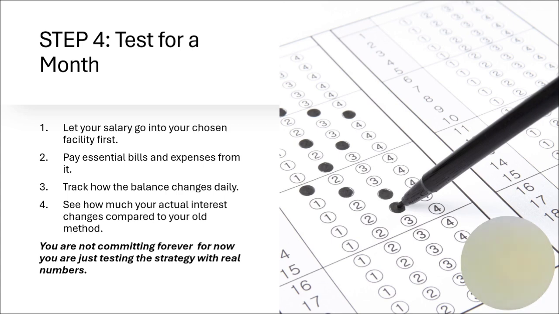At this point in time, we do not have money to pay for extra things. And then see how much your actual interest rates change compared to whatever debt elimination process you are using.